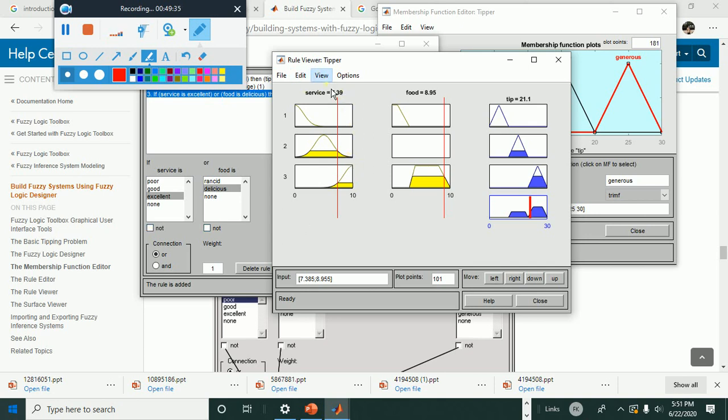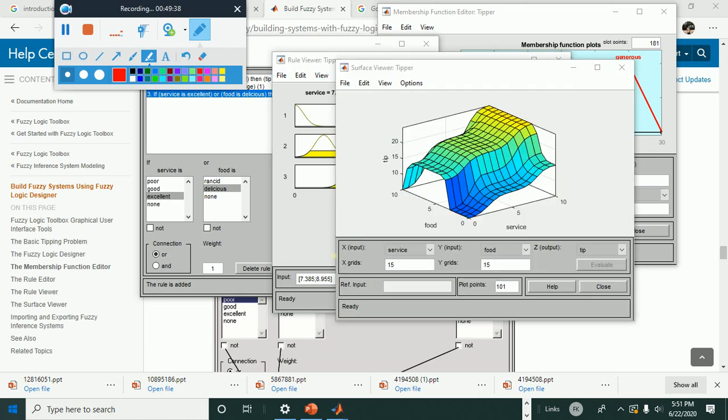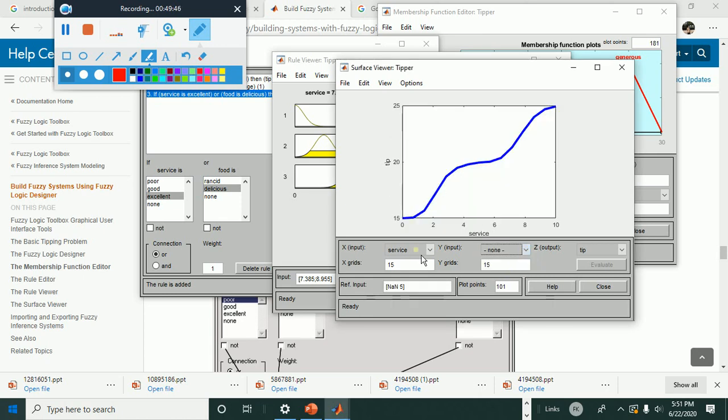And if we see the graph for it, it will take some time. So this is the graph for it. For example, if we have service and tip, when the service is very good, the tip will be increasing.